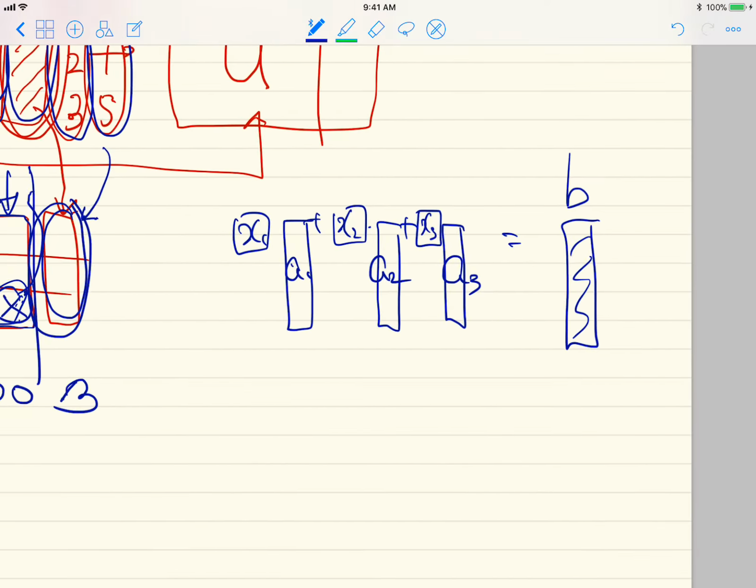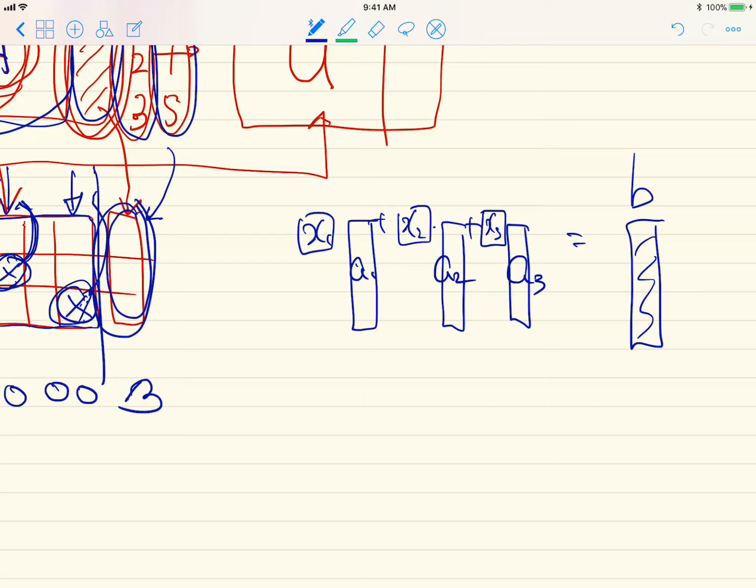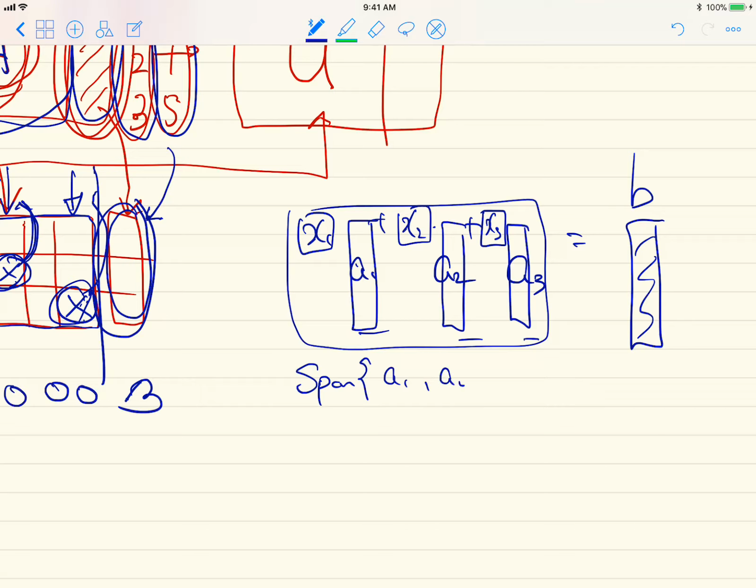In this case the left hand side is some linear combination of a1, a2, a3. And then we studied the notion of the span, which is the collection of all the possible linear combinations of a1, a2, a3, for example.